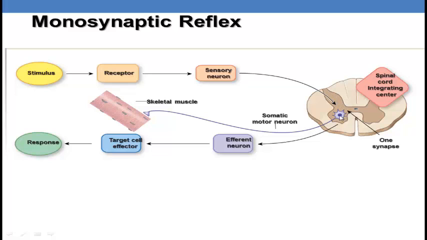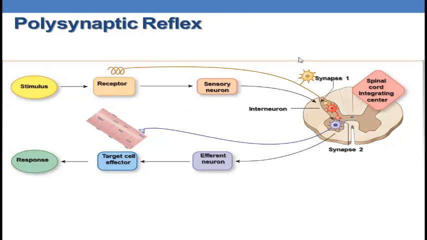So synapse means area of contact between two neurons. If there is only a single synapse in this reflex arc, it is monosynaptic reflex. And to be practical, we have only one monosynaptic reflex, which is stretch reflex. But if there is more than one synapse, there is synapse 1 and here is synapse 2.